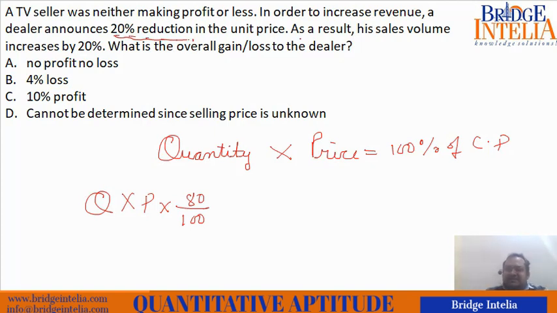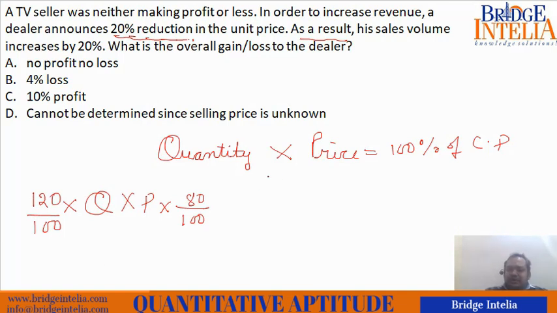As a result of reducing the price, his sales volume increases by 20%. Sales volume means the quantity of television sets that he is selling increases by 20%. That means quantity Q changed by this much. Fine.